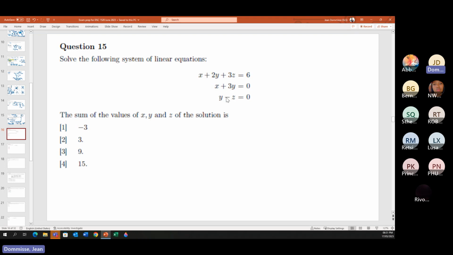If I look at these two, I just want to write some of these below each other. So here we have X. Here we don't have.